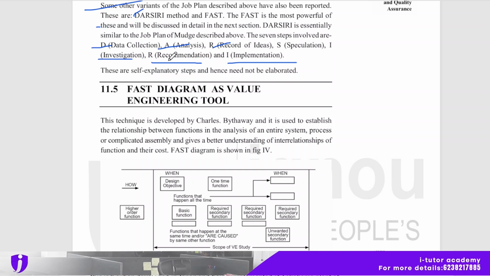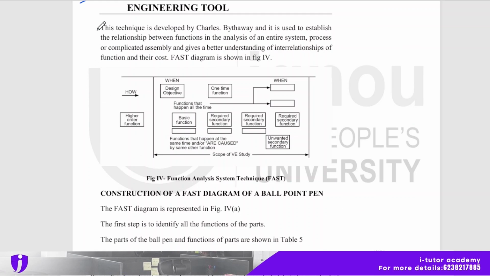So that is DARSIRI. And next is the FAST diagram as a value engineering tool. This technique was developed by Charles Bytheway, and it is used to establish the relationship between functions in the analysis of an entire system, process or complicated assembly, and gives a better understanding of the interrelationship of functions and their cost.